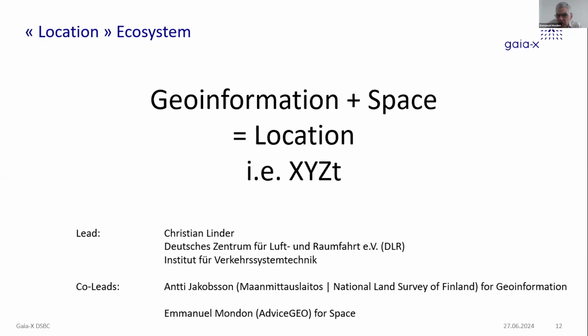And last year, we decided all together to merge those two into a location ecosystem. This location ecosystem is led by Christian Linder, who is working for the German Space Agency, and Antti Jakobsson, who is presenting in the next session, and myself are co-leading.